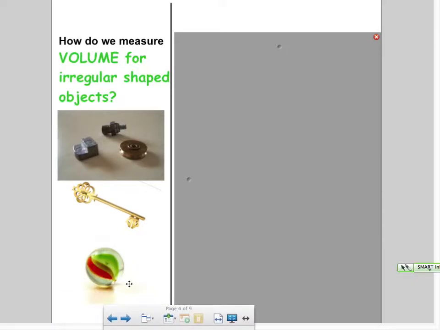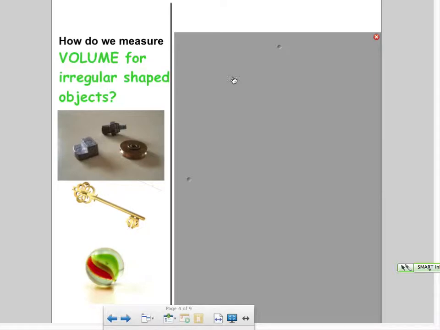And for a marble, how would you find the length, the width, and the height when it's round? Or even circular like this, or odd shaped in many different shapes here, for example, these are called irregular shaped objects.